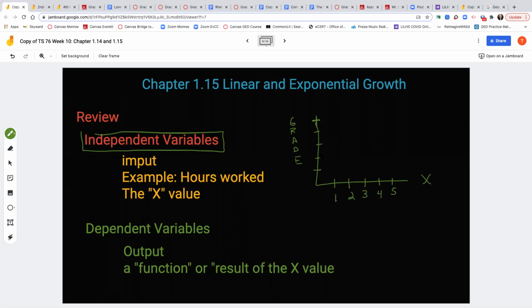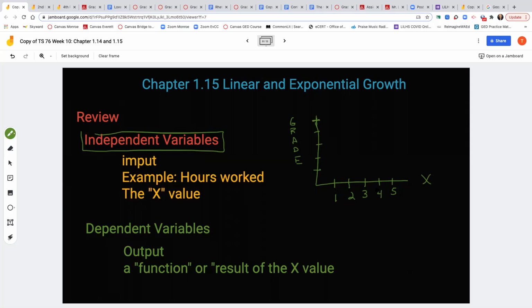But in this example, the X value is an independent variable, because how many hours I study, I'm controlling that. I'm giving that input. I'm going to put 3 hours of study into my final exam for Tim's 76 class. I'm controlling that, so that's called the independent variable.